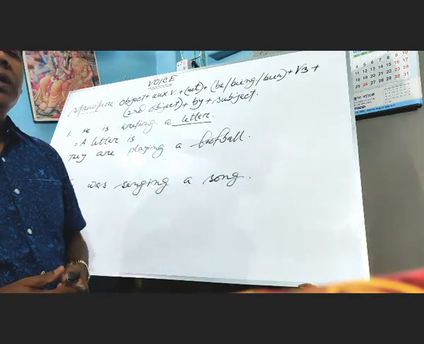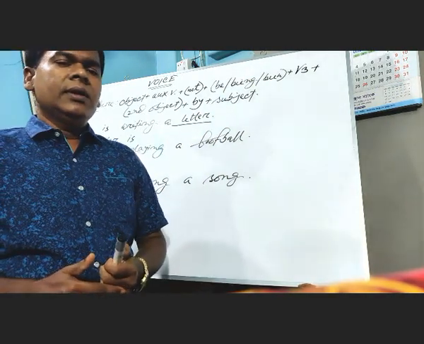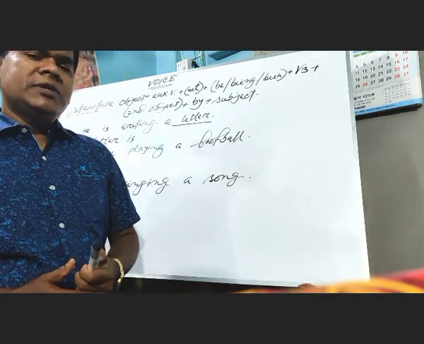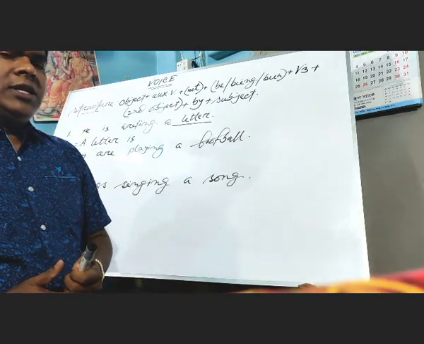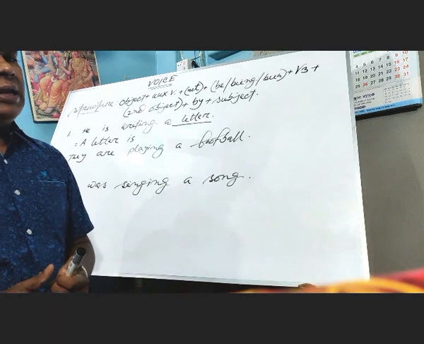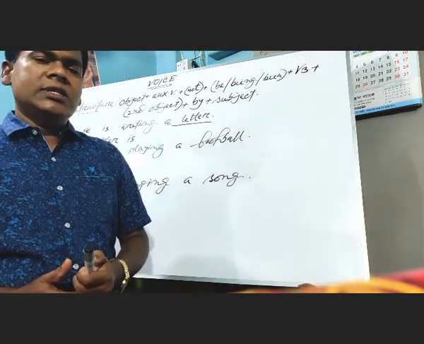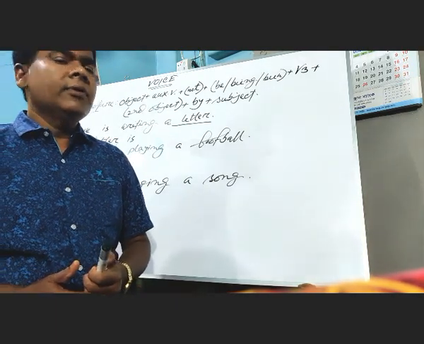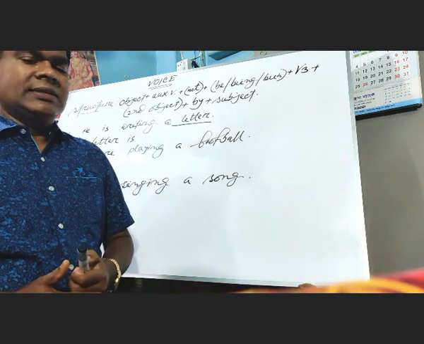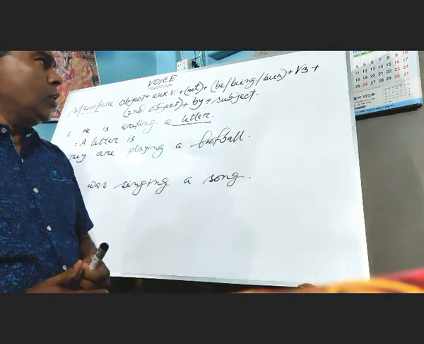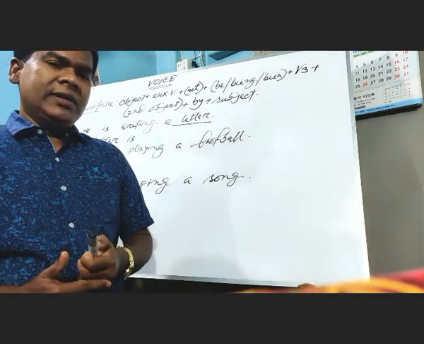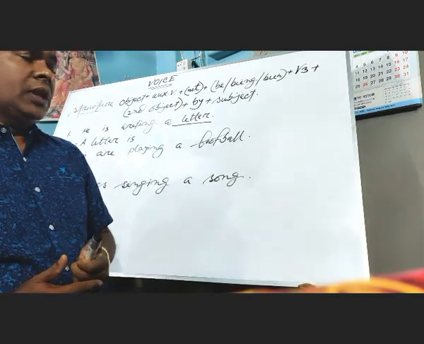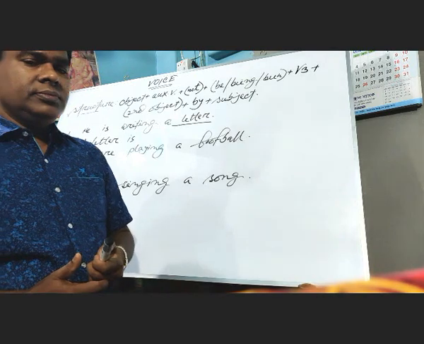What are the auxiliaries in present perfect tense? Has or have. What is the auxiliary in past perfect tense? Had. What are the auxiliaries in future perfect tense? Shall have, will have. So when you find the use of an auxiliary from perfect tense, then you will write been.